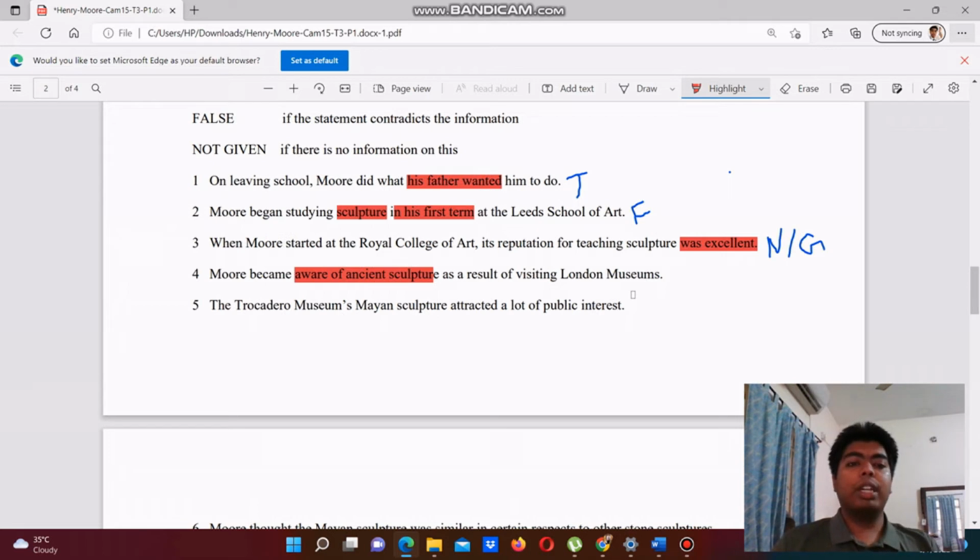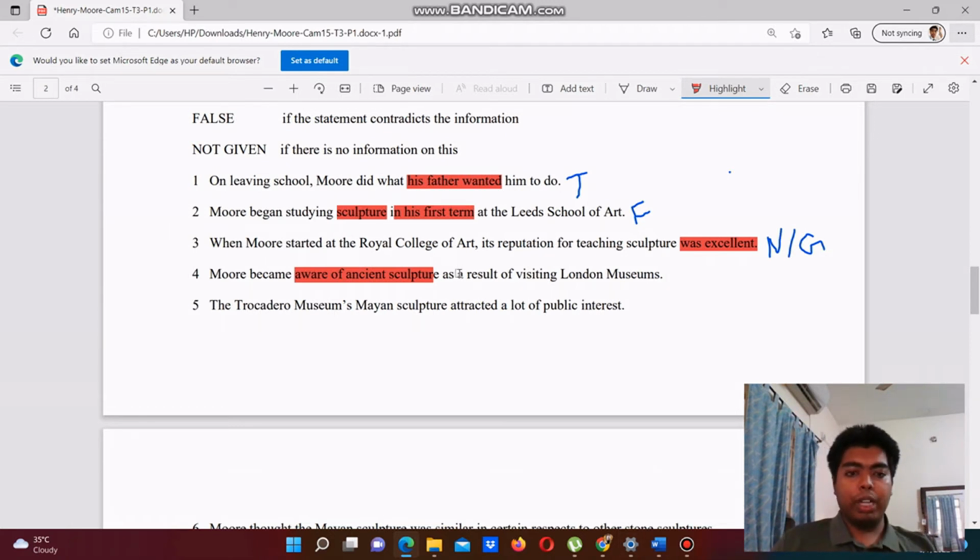And if he didn't gain any knowledge, or he didn't feel any fascination after visiting the London museums about the ancient sculpture, then it will be false. And if there wasn't any mention about how Moore felt after visiting the London museums, then it will be not given.